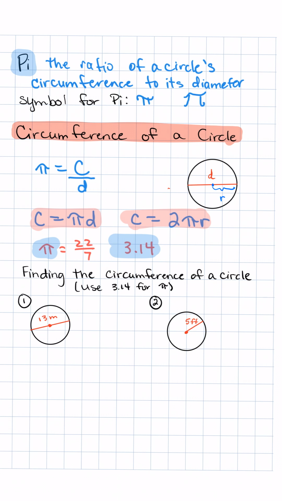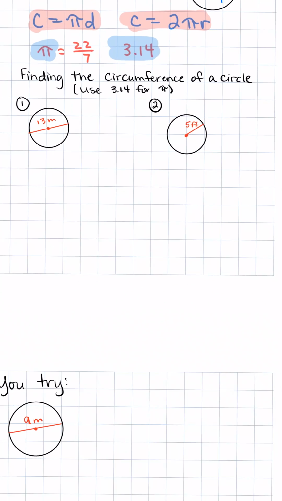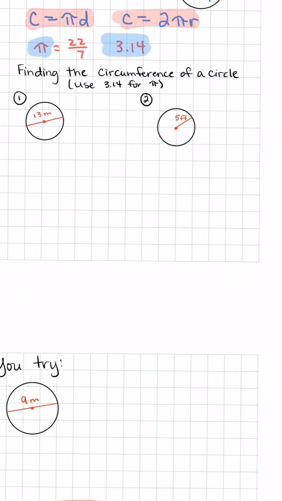So in an example, let's just jump right into it and then you'll see. Find the circumference of a circle, and see in my notes I put use 3.14 for pi. So we know the diameter. So the circumference equals pi, 3.14, times the diameter.